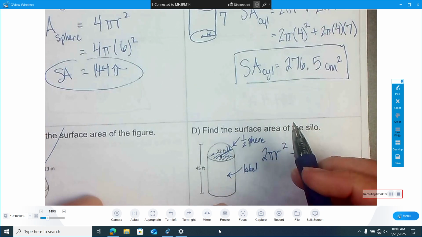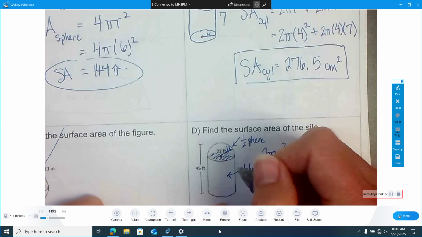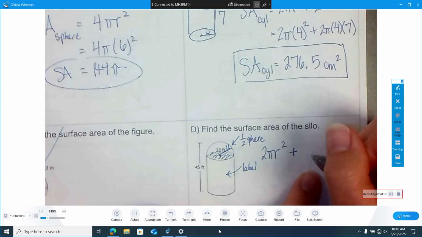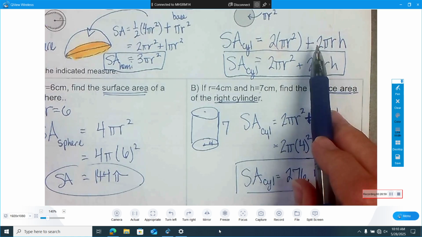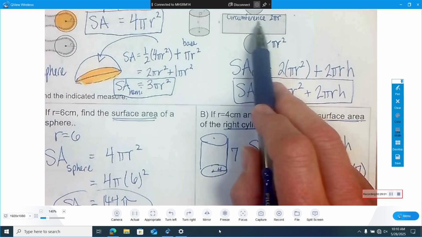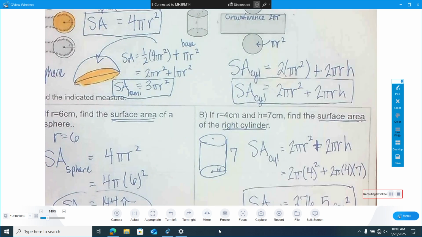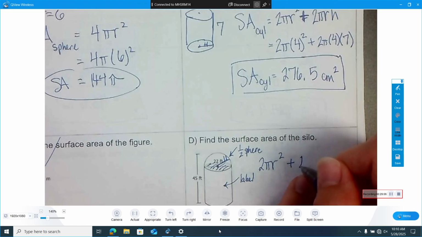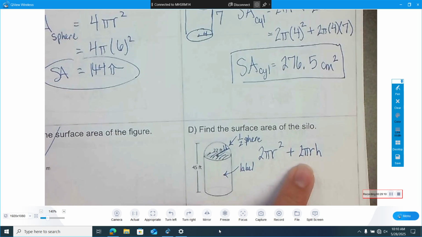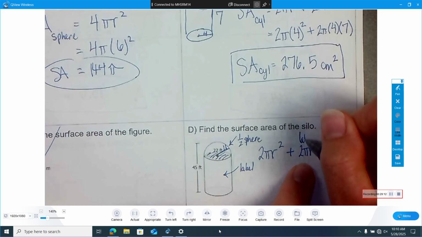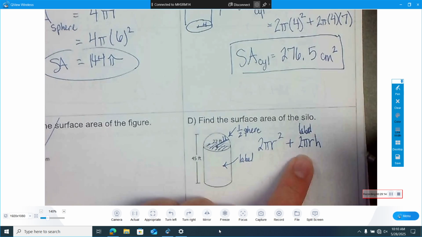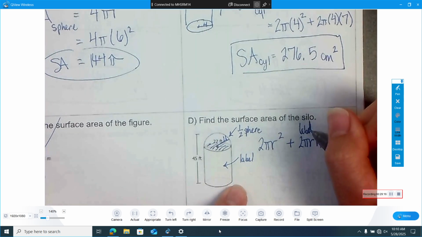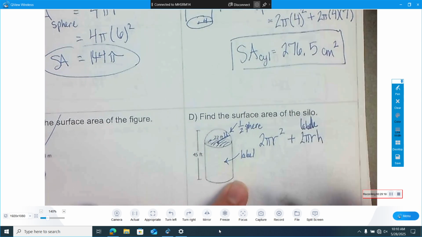And if 11 is the radius, the label is going to be circumference times the height. All right, so 2 pi r times the height. Now this is the tricky part. So that's the label.